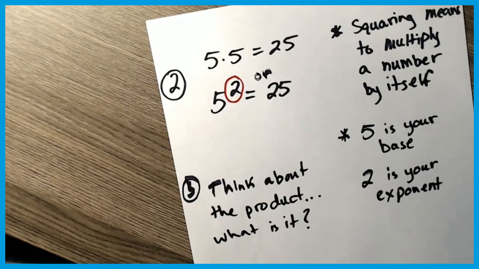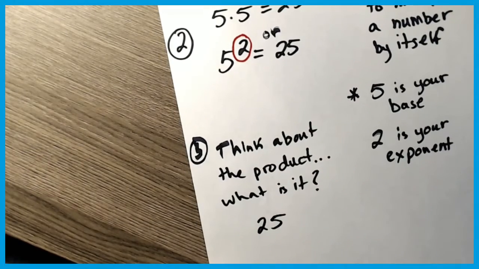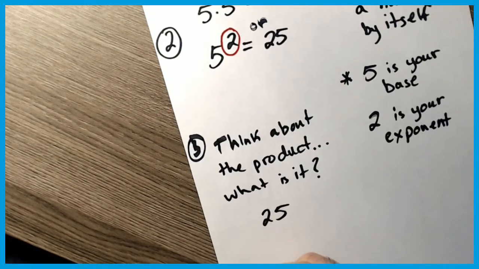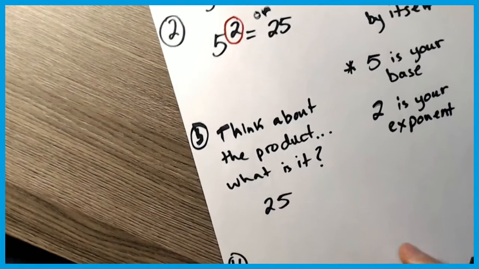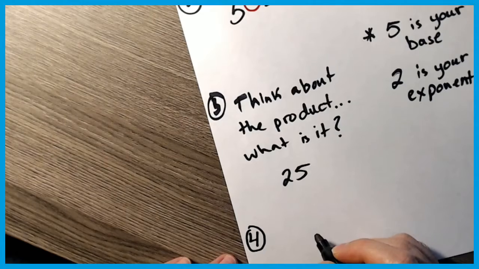And I want to clarify here, I don't mean a product as in something that a company is producing. That is a definition of product, or something that you buy at a store. In this case, I'm talking about what you get as the answer to a multiplication problem. So in this case, 25 is our product.